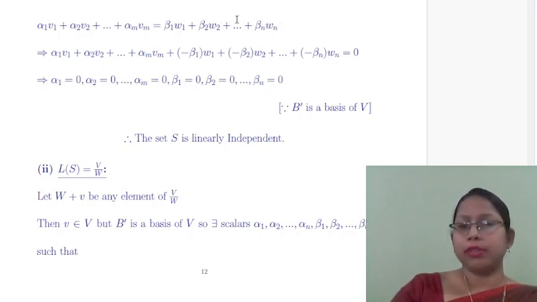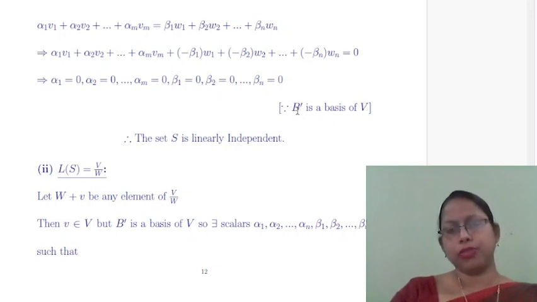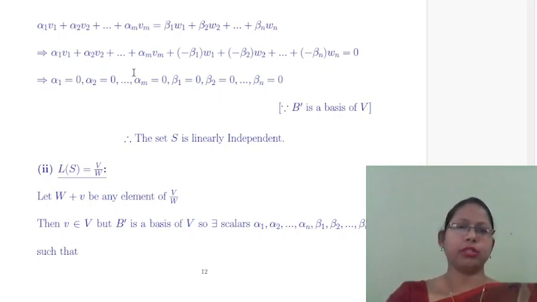Bring the right hand side to the left hand side, and we will get this value. The vectors V1, V2, up to Vm, W1, W2, up to Wn are the elements of the set B', and B' is the basis of V. That means B' is linearly independent, so these scalars are 0.